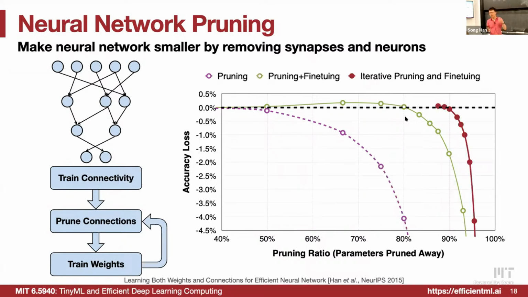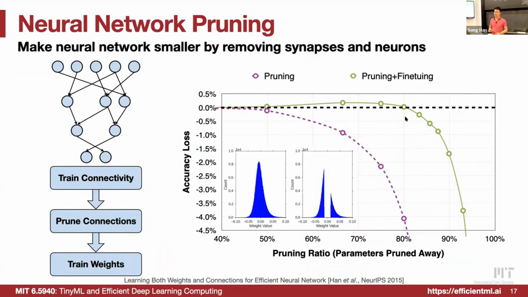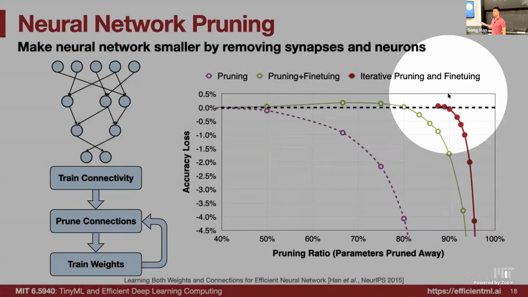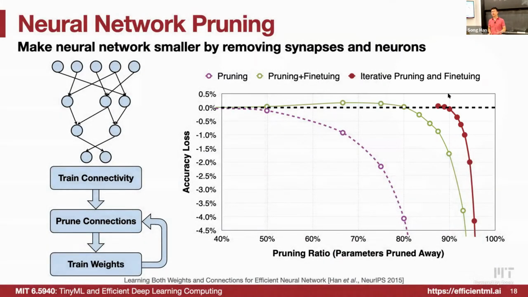Actually, we can do this process iteratively, right? Not just one iteration. Compare here and here, we can do another round of pruning. So from the green curve to the red curve, we can prune even more, about 90% of the parameters without hurting the accuracy.